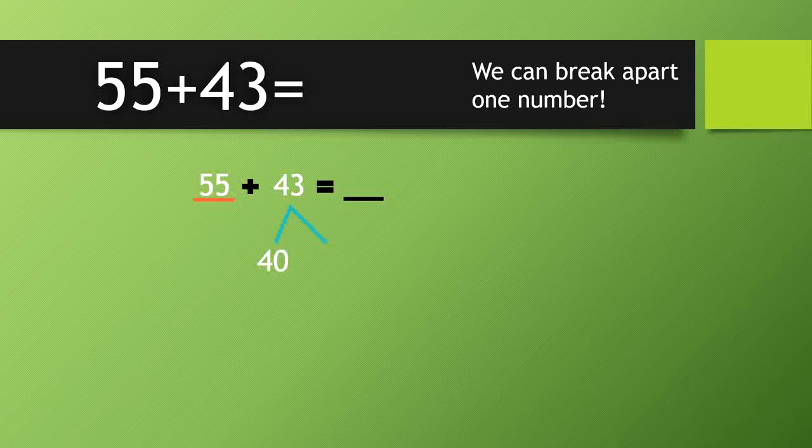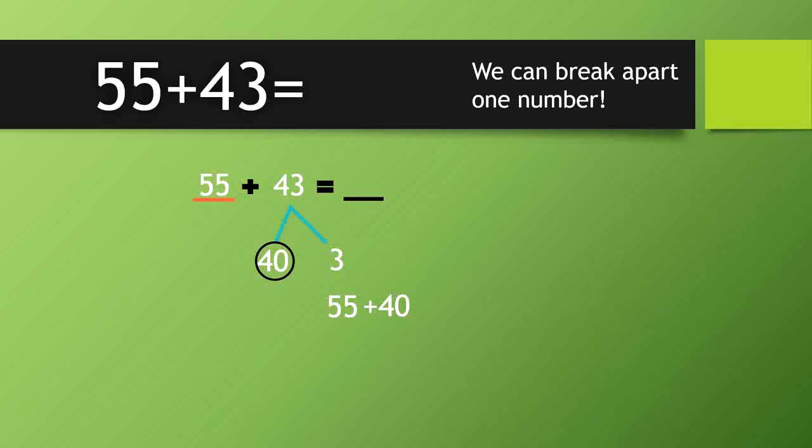40 for the tens and 3 for the ones. Let's bring 55 down. And which number should we add first? This time, I'm going to do the tens first. So 55 plus 40.